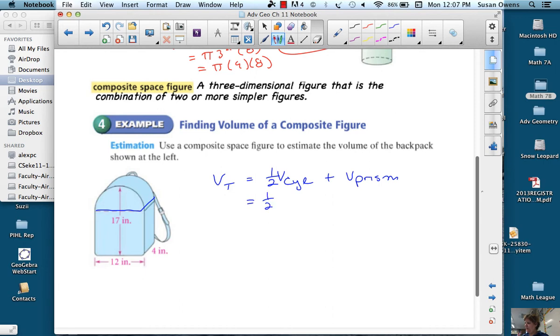So this is going to be 1/2 pi r squared h plus, now so I can use the same height, I'm going to make the base of the prism this front part, and that allows me to use the same h and I don't have to have subscripts.